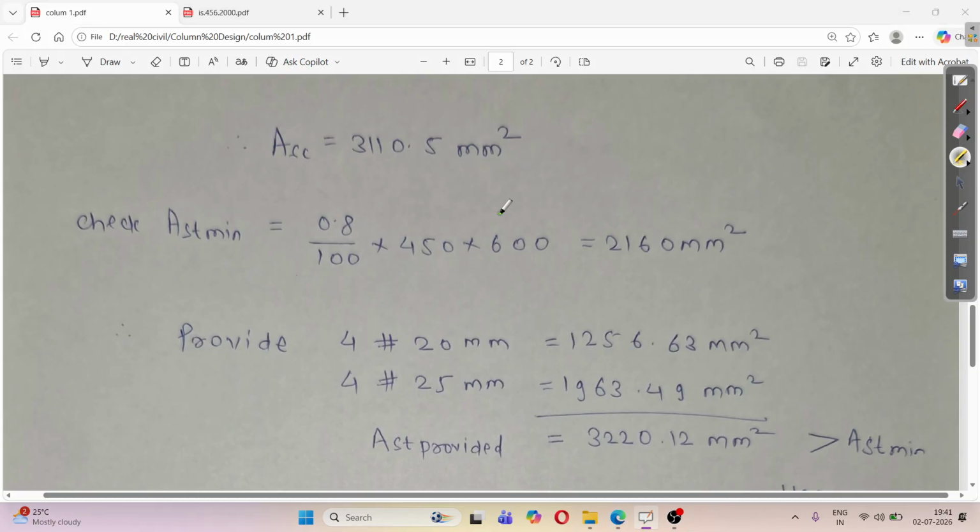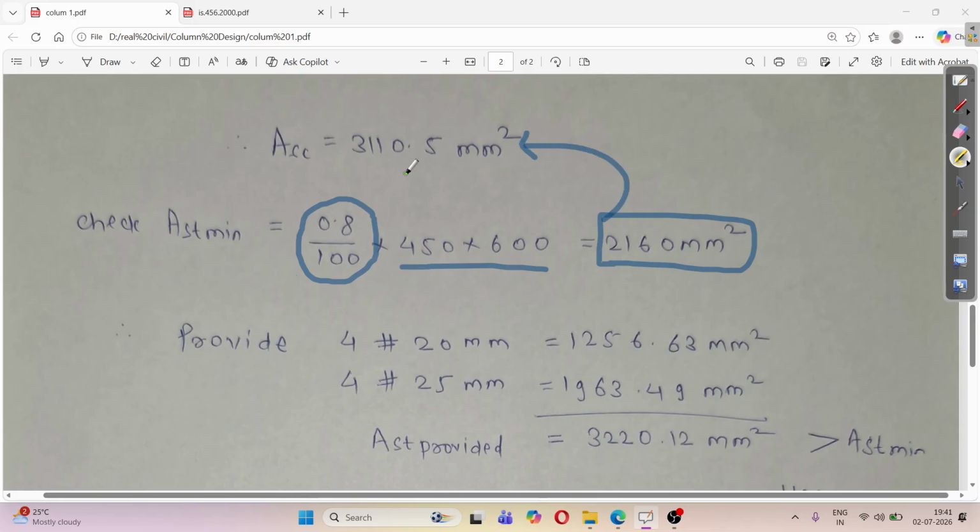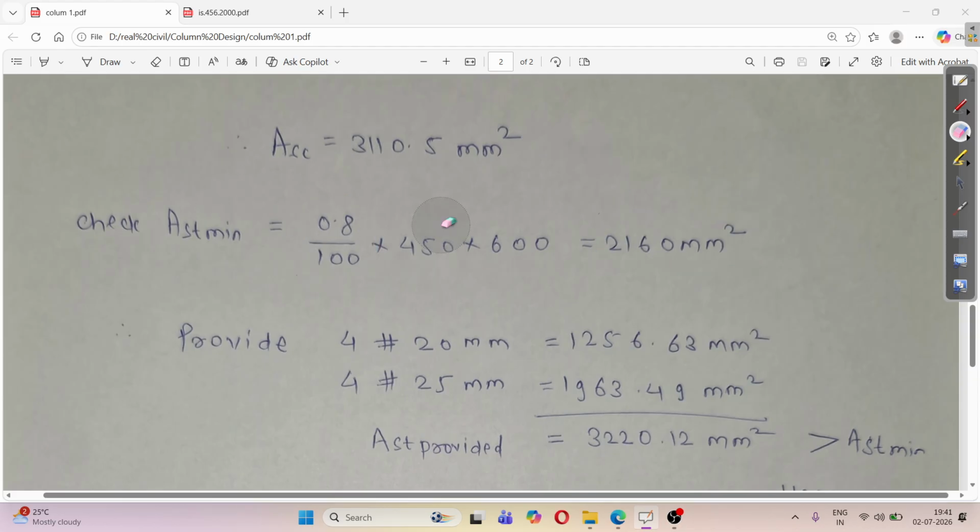So here 0.8 is the minimum, 0.8% into gross cross-sectional area, that is B into D. So this is 2160 mm square, which is our steel is greater than that. So that check is also okay.